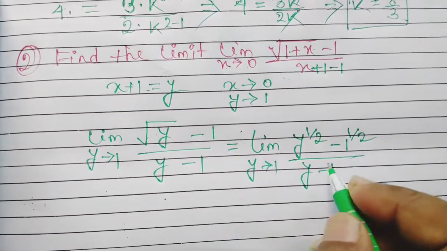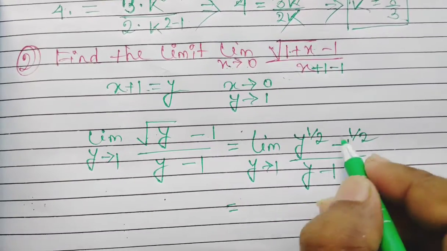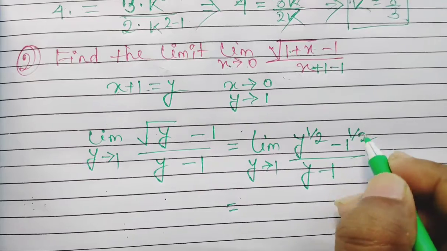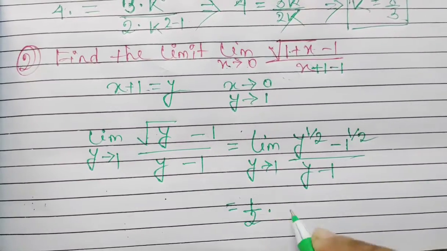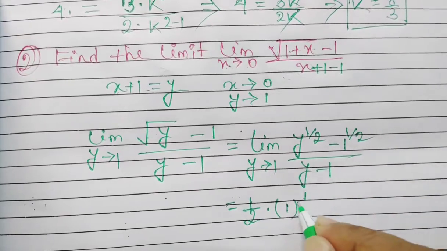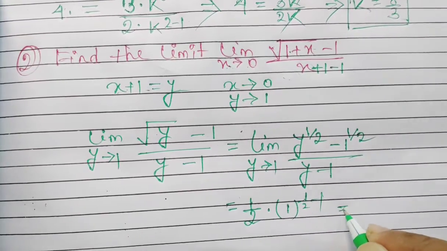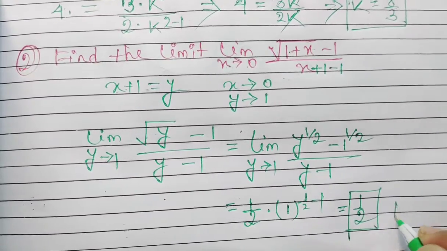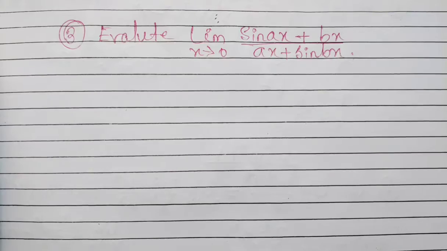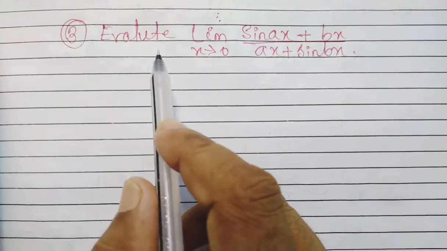This is the form, where a is 1 and n is 1 by 2. So it can be written as 1 by 2 into 1 to the power half minus 1, that means only half. So our answer will be 1 by 2. Understood everyone?